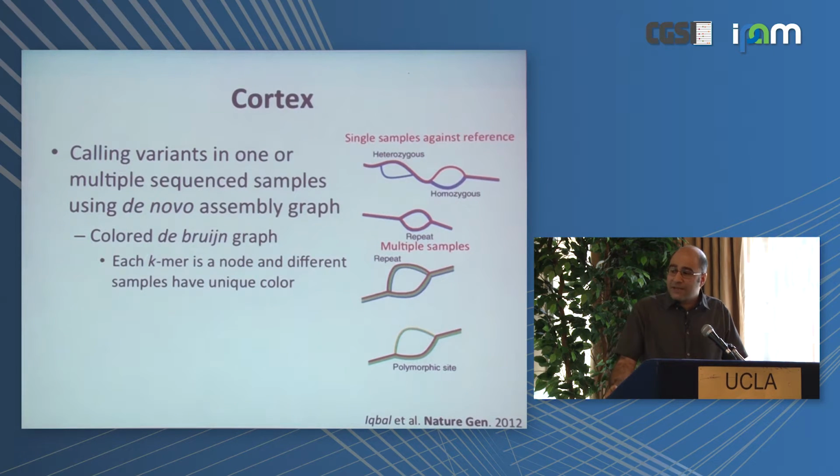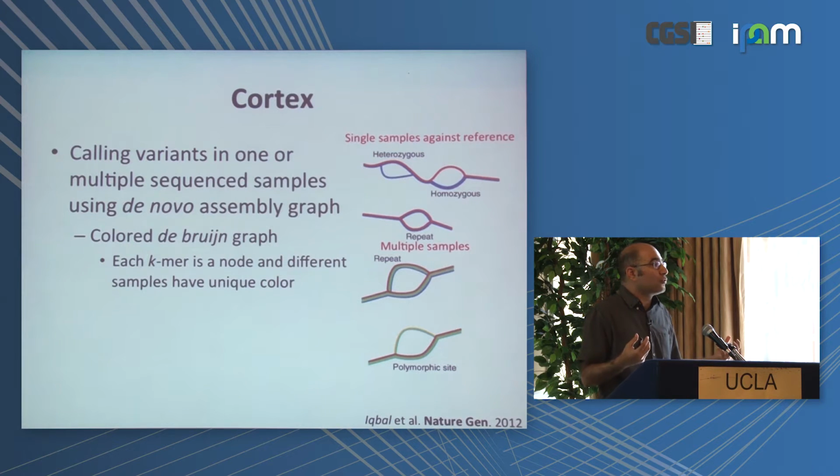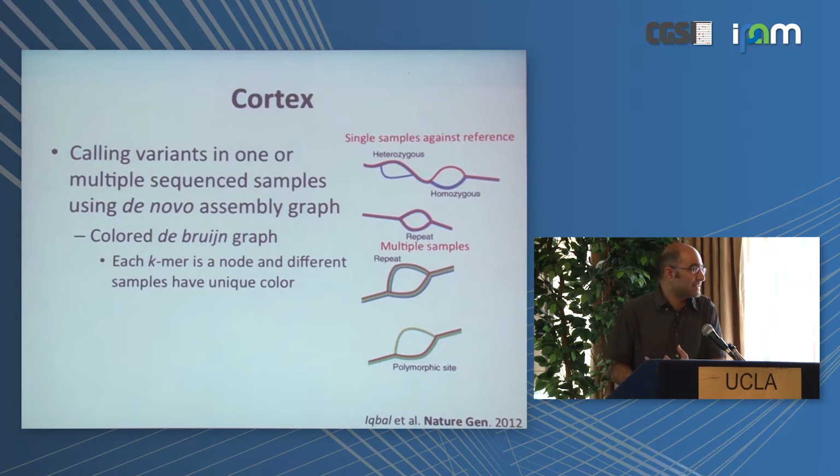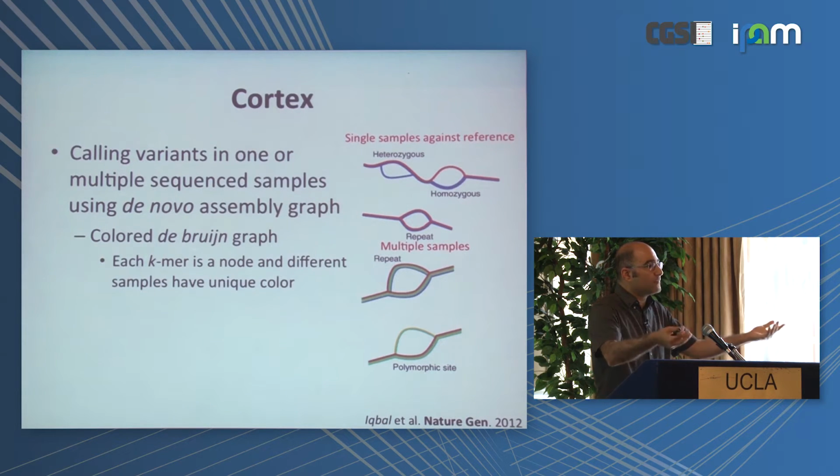Another assembly approach which I really like and think is really cute uses the De Bruijn graph, or assembly graph, approach for variant calling before building an assembler. Let's assume you're interested in calling variants from one genome against the reference genome. Instead of mapping the reads back to the reference genome, how about we bring the reference genome into the De Bruijn graph world?